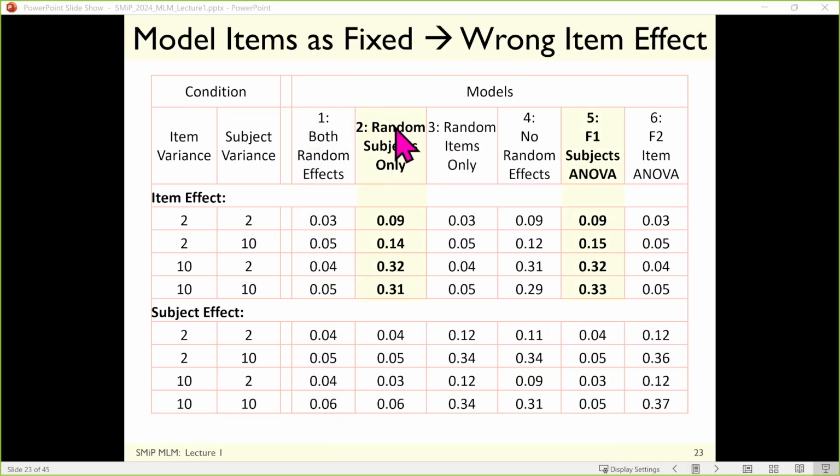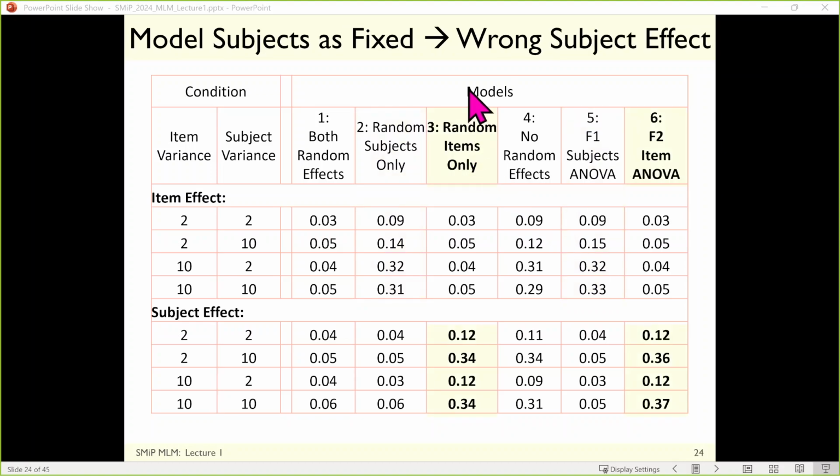If you fit a model that ignores differences between items, so the F1 ANOVA on collapsed data or the uncollapsed data with only a random intercept for subjects, so you're saying people differ from each other, but items don't beyond whatever's in the model, then these type 1 error rates show inflation in terms of detecting the item effect, but the people effects are still fine because people have random variance left over, whereas items don't. And the same is true regardless of whether you aggregate the data up to condition means or not.